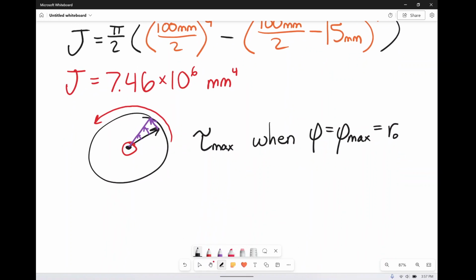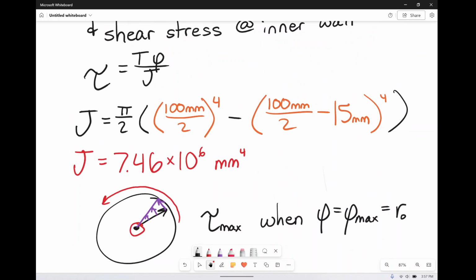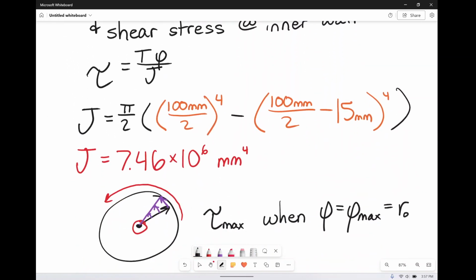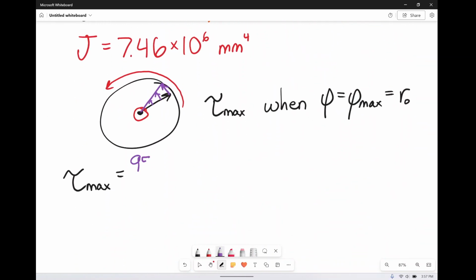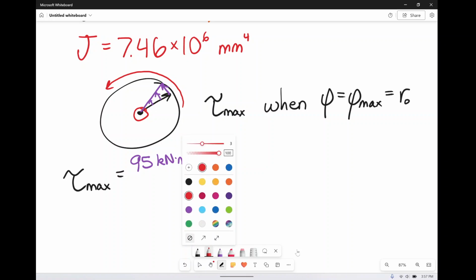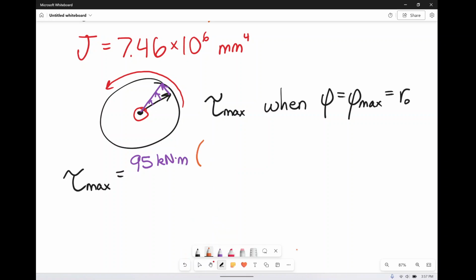All right, so the maximum shear stress for our system is T, which is 95 kilonewton meters, times rho, and remember we said that's the outside radius. So for the outside radius, we have the diameter of 100 millimeters divided by 2. There's our radius. Divided by J, and J we have as 7.46 times 10 to the 6 millimeters to the fourth.